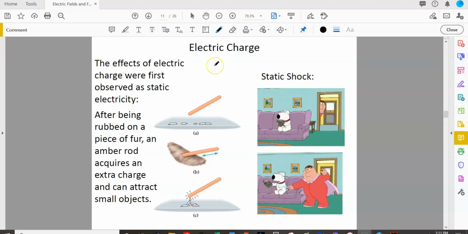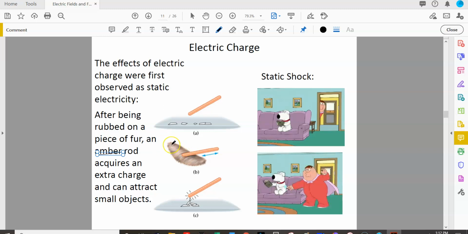So what is happening here is the same kind of thing as in your 3rd grade classroom too. Here you rub this object, which we'll just say is a piece of amber or a piece of glass, with silk, and you rub it against your hair, or a piece of fur, for example.